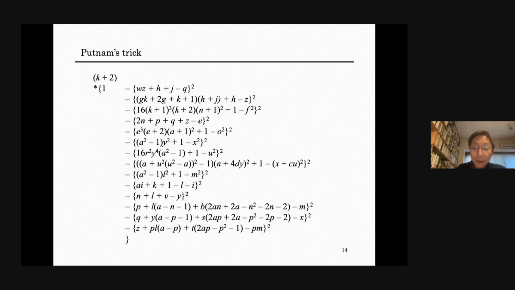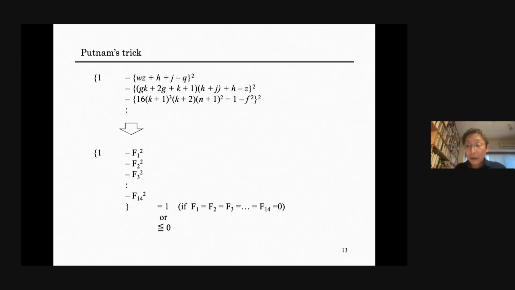Or wait a minute. Oh yeah, here. When I read the proof in Professor Wada's paper, I thought I could find the values that make these subformulas zero. So I tried to find the values that generate prime number 2.